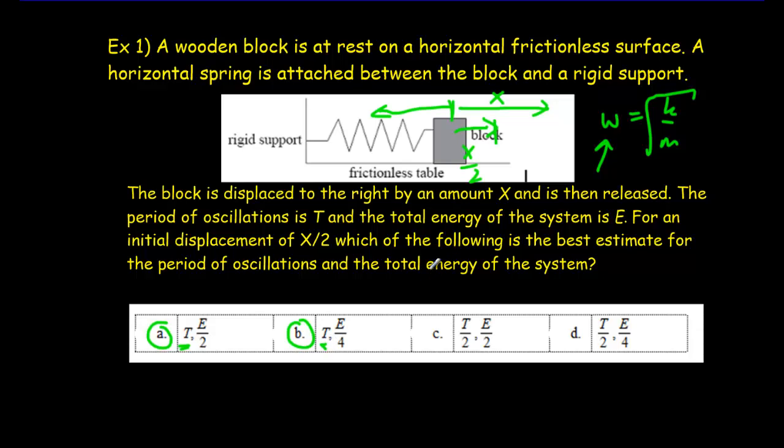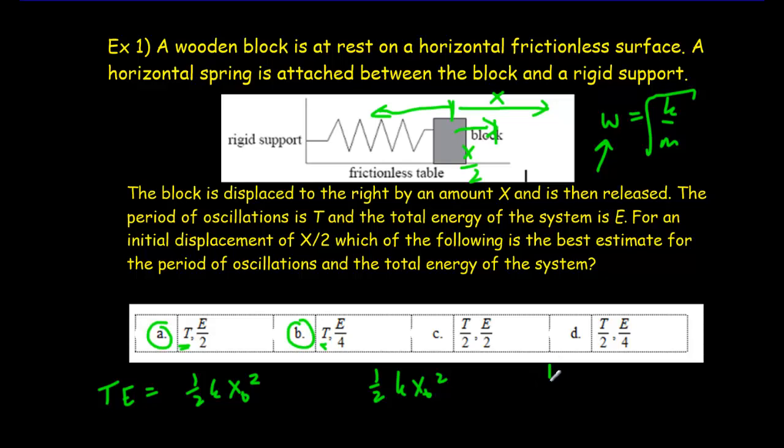Now the energy is going to be affected, and the energy will go as 1/2 k times the amplitude squared, because at the endpoints the energy is all potential energy. So if we were to halve our amplitude here, then let's say our old energy was 1/2 k x naught squared.